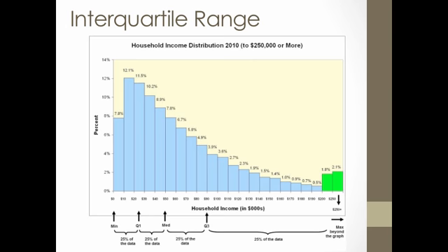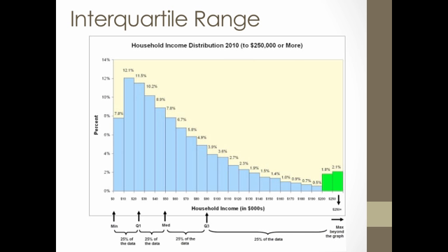Sometimes used instead of range is what's called interquartile range, and this helps to account a little bit better for outliers. Essentially, the interquartile range splits our data set into 4 groups. The interval from the first quartile to the third quartile contains the middle 50% of the data, and the interquartile range is the length of that interval.